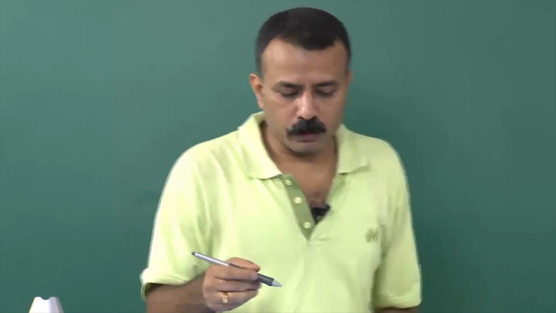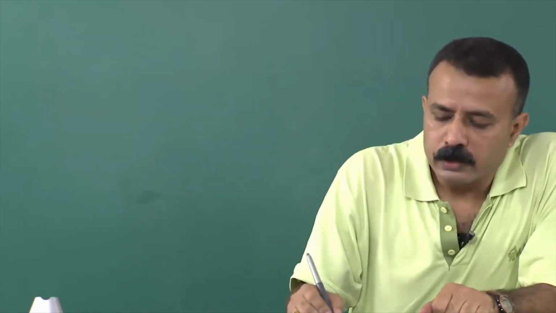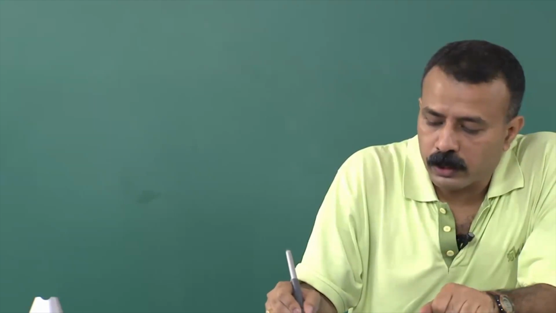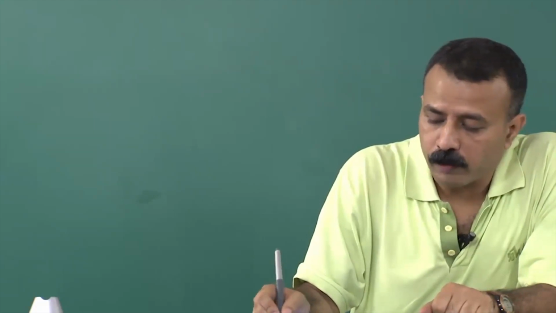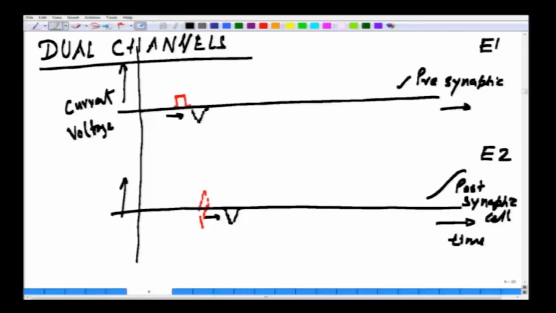So, this is basically you are doing it in a dual channel. Similarly, modern electrophysiology techniques may even allow you to do these kinds of recordings on 4 channels. If you have 4 such electrodes, the channel is not a problem.